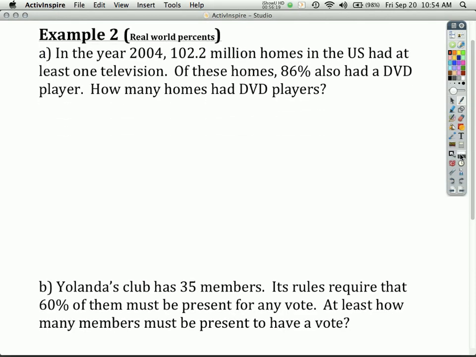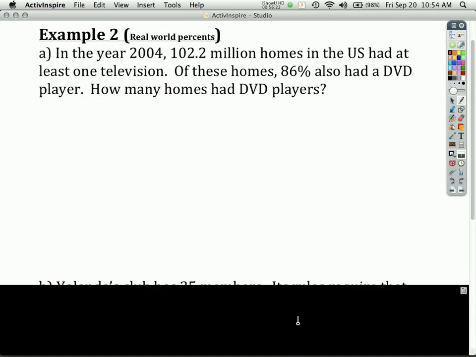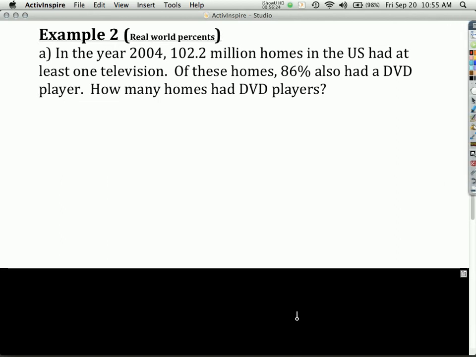Okay, so now, applying it to a real scenario. Everyone, write example 2, part A, but do not copy the question. What I would like you to do is read the question, and then we are going to rewrite it into a simpler form.